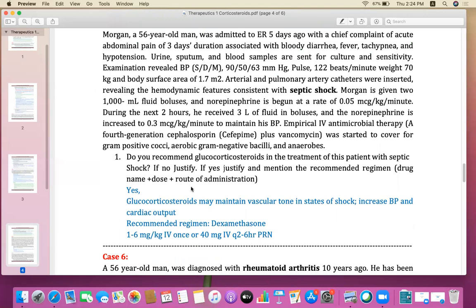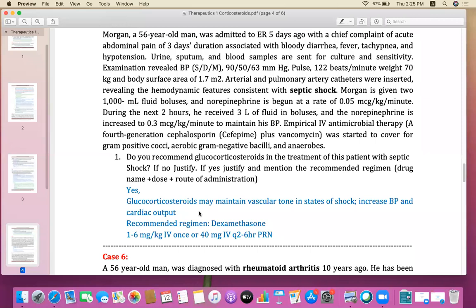So, do you recommend glucocorticoids? Yes. Justify, because glucocorticosteroids may maintain vascular tone in the state of shock. They will increase the blood pressure and the cardiac output.